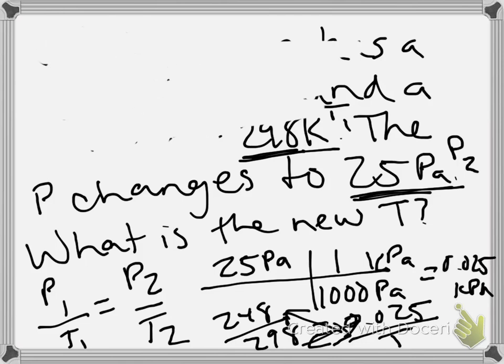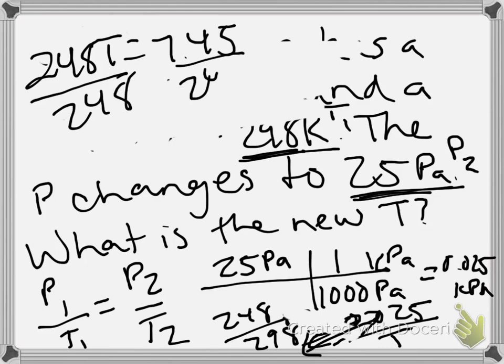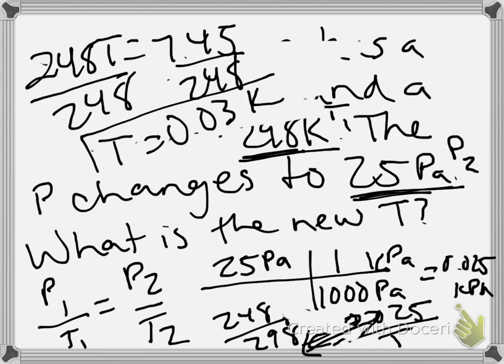So 248 times T is 248T, and then 298 times 0.025, I'm going to do that on my calculator, is 7.45. To get T by itself, you divide by 248 on both sides. So again, I'm going to do that on my calculator, and that gives me T equals 0.03, and temperature is in kelvins. So that would be my answer for that one.